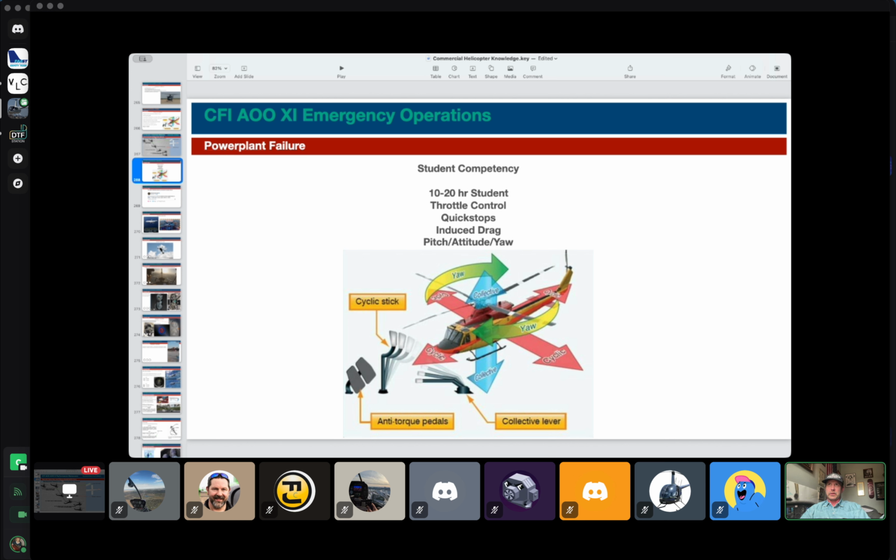So understanding that, has gone through enough school to understand that when we pull pitch, we're inducing a lot of drag in the rotor blades, and it requires more power to push that rotor blade through the air. When we lower collective, it reduces pitch, right? So they understand that relationship between pitch and collective.